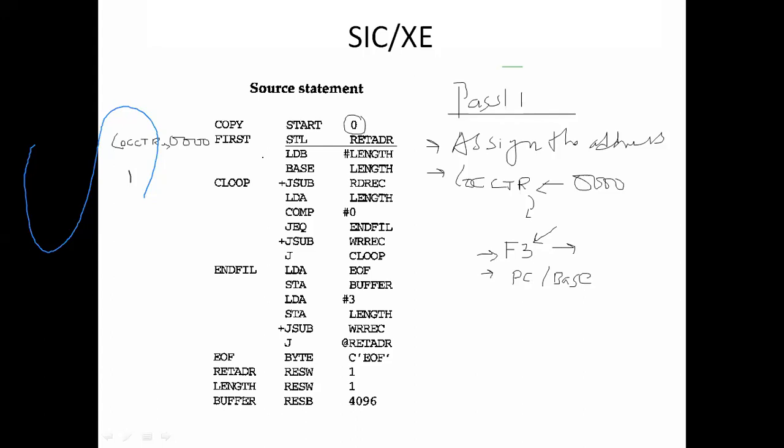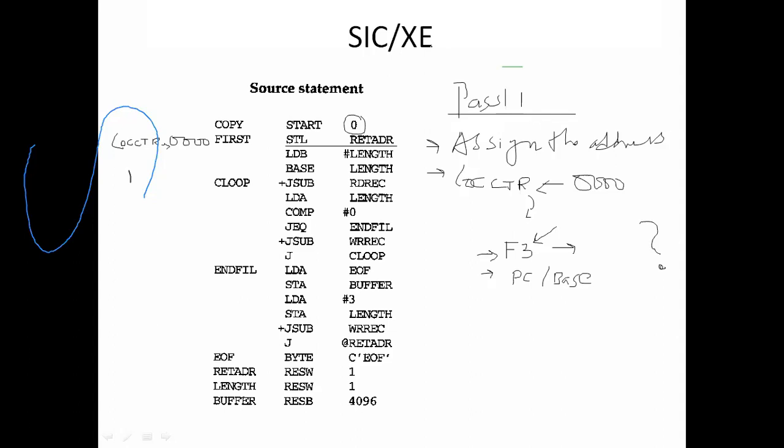What is the size of a format 3 instruction? Three bytes, correct? Format 3 is 3 bytes in length.